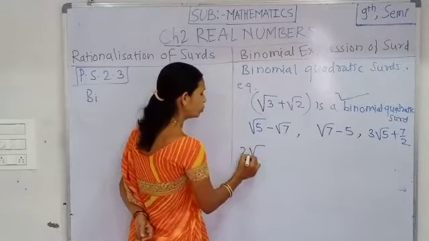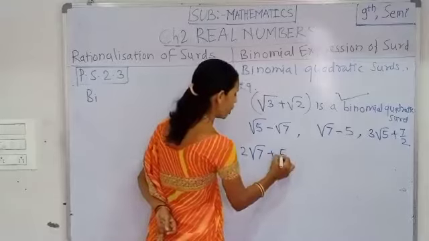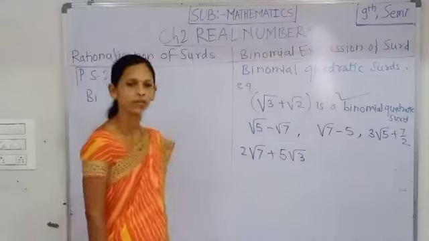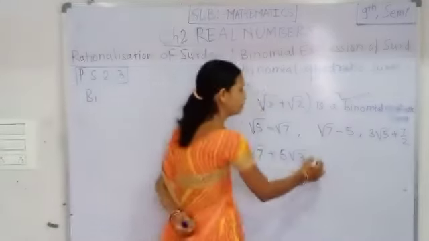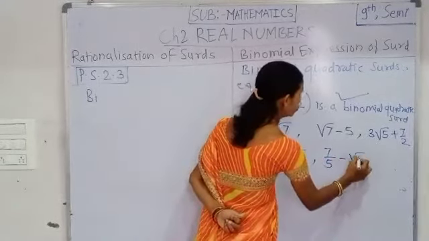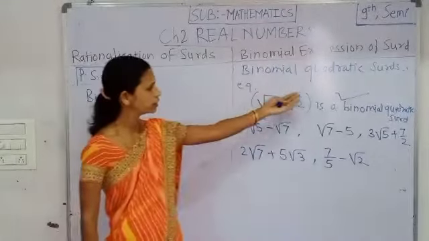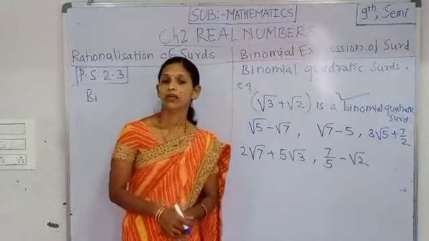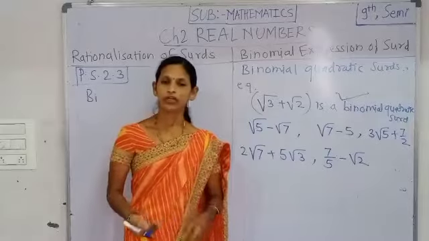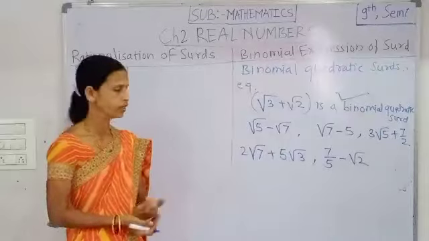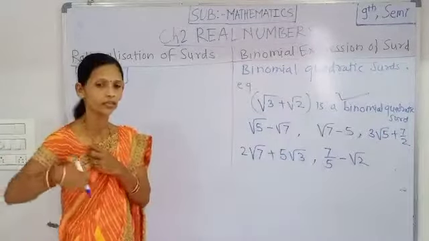Then root 2 root 7 plus 5 root 3 are also a few examples of binomial surds. 7 upon 5 minus root 2 is also an example of a binomial quadratic surd. See here, these are a few examples of binomial quadratic surds.